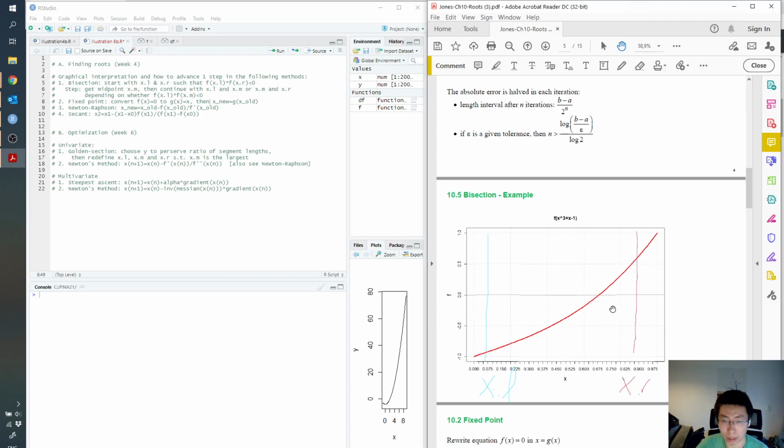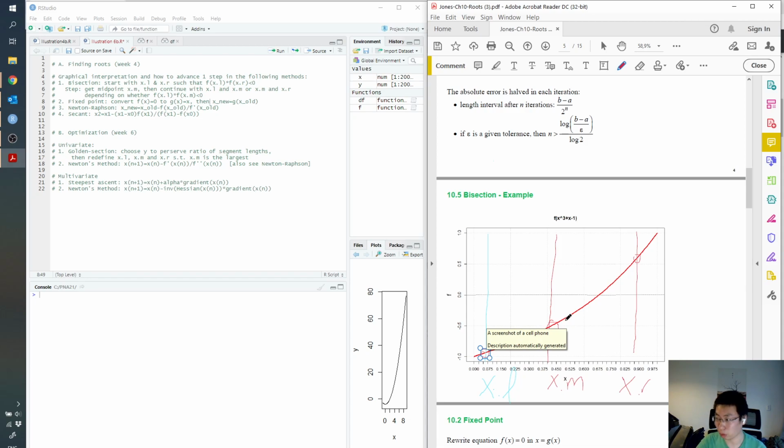But okay, so I always start with an interval such that if I evaluate my function at my left and at my right, when I multiply them, they are negative. So what that means is that one of the two is positive and the other one is negative. And then I'm just going to go to the middle of the interval. And I ask myself, is the root that I want to find to the left or to the right of this middle line? So let this be xn. And pretend, of course, that this is exactly in the middle between these two numbers.